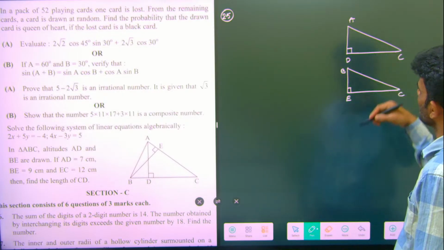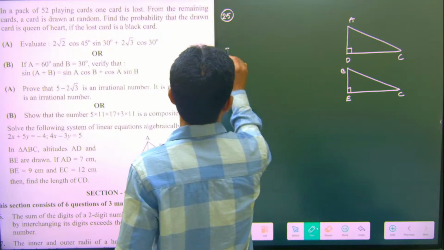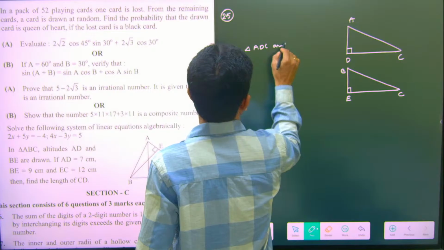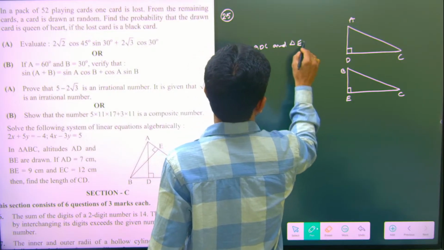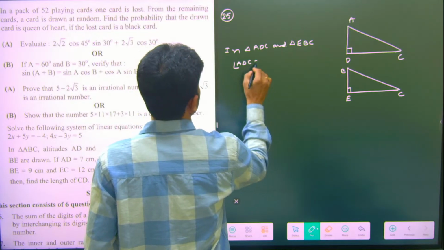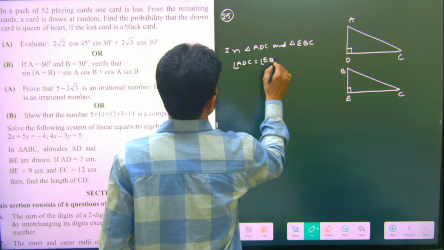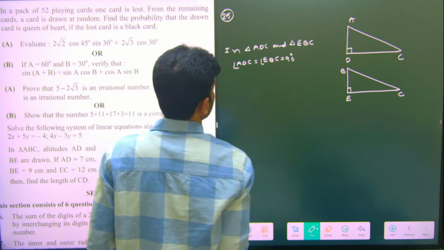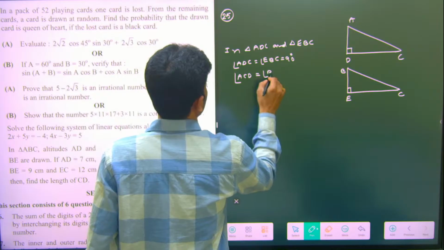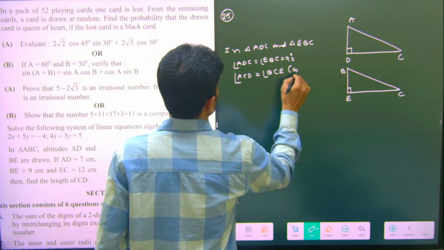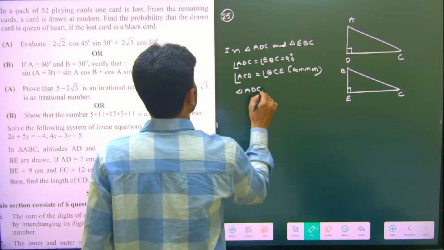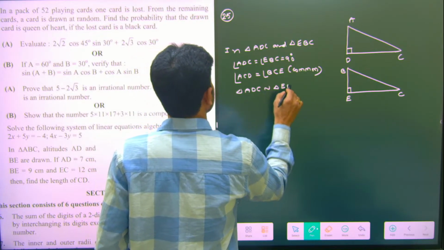Now we know these two triangles are similar because in triangle ADC and triangle EBC, angle ADC is equal to angle BEC is equal to 90 degrees because they are given as altitudes. Angle ACD is equal to angle BCE, they are common. Therefore, triangle ADC is similar to triangle EBC.